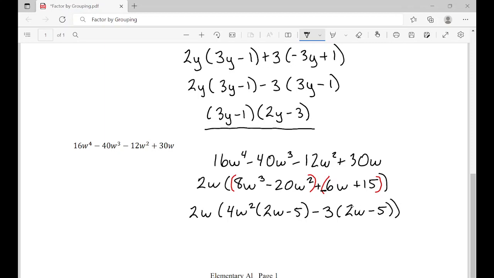And now I see that this parentheses matches this one perfectly. So 2w on the outside, still there. 2w minus 5. And then a 4w squared and a minus 3 is how it simplifies. And this is the factored form of this polynomial.